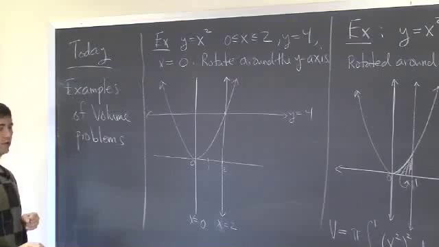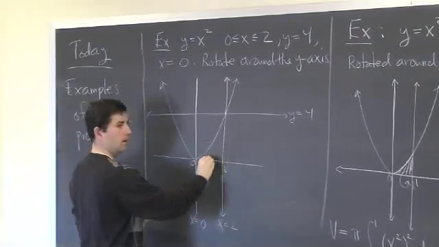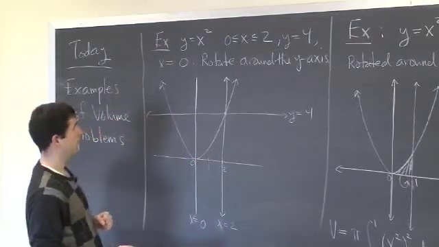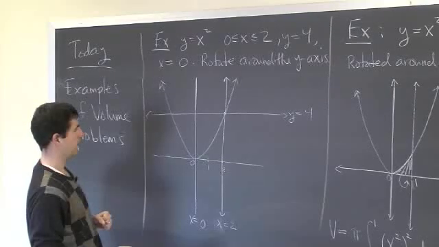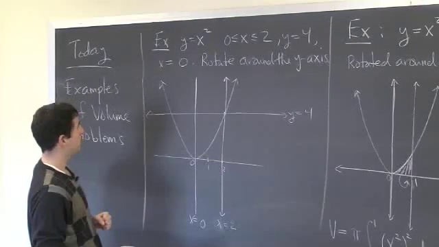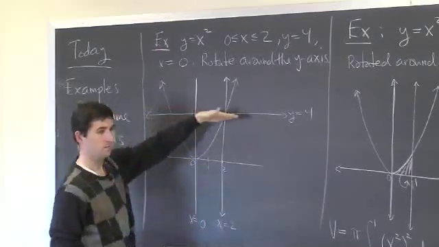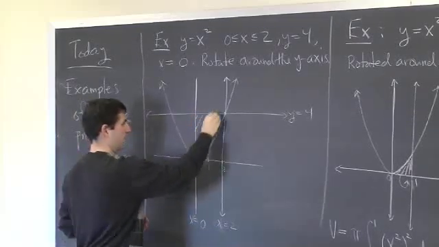Okay, so what is our region this time? Is it this guy down here again? Well, it would be if I didn't put in this y equals 4 business. But the y equals 4 tells me that I'm really trying to bound this stuff.